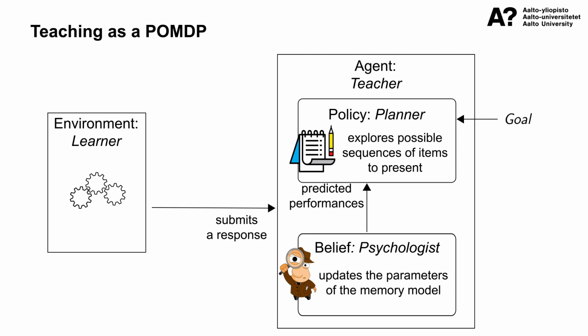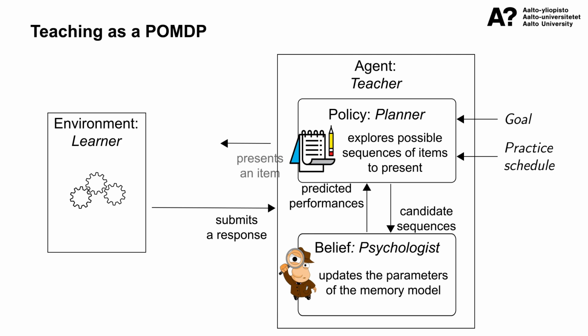During this exploration, the planner considers the learner's practice schedule and exchanges with the psychologist to get updated probabilities of recall after potential interventions. After exploring multiple choices of items, the planner presents to the learner the item that maximizes the expected reward. This interaction process is very general, and we now present a simple implementation we propose in our paper.